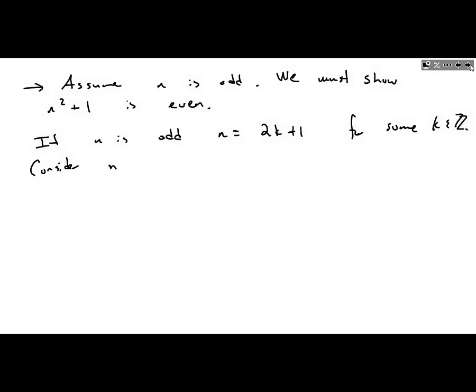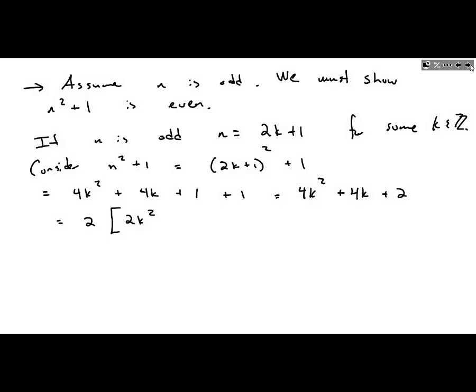And now let's consider n squared plus 1, which would be 2k plus 1 squared plus 1, which would equal 4k squared plus 4k plus 1 plus 1, which I could write as 4k squared plus 4k plus 2, which then I could write as 2 times 2k squared plus 2k plus 1.